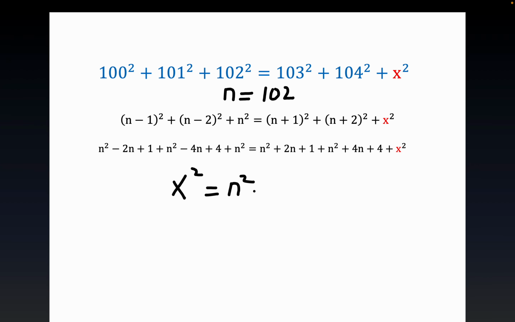Okay, and then we can factor an n out of both sides, so that results in n times n minus 12.